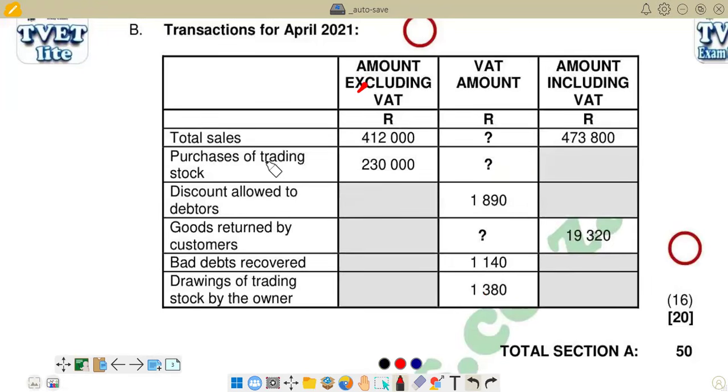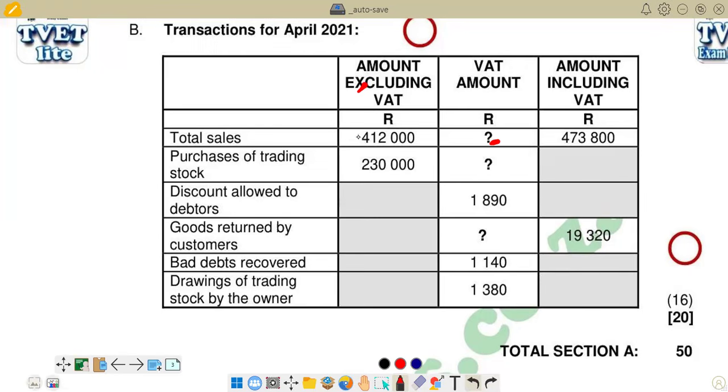At the beginning, we've got total sales, which is 412,000. And we have got a VAT amount that is missing, but we are given the amount including VAT, that is VAT inclusive. So it means we need to find this component of VAT. But remember, VAT percentage currently in South Africa is 15%.